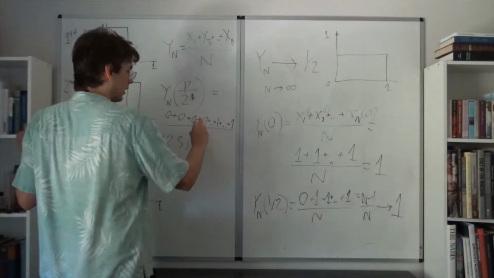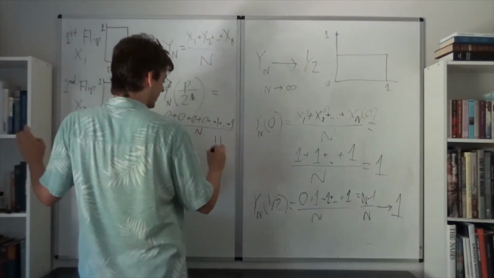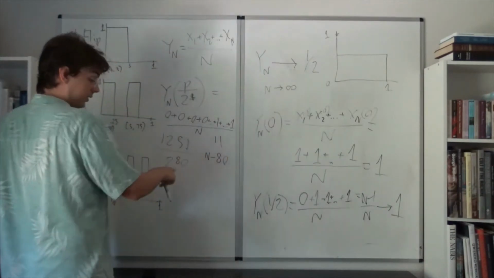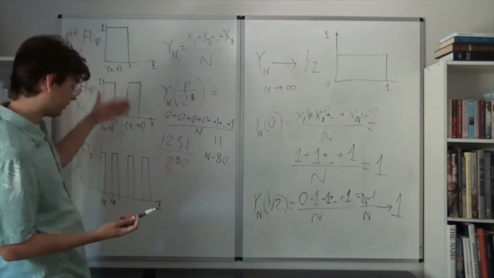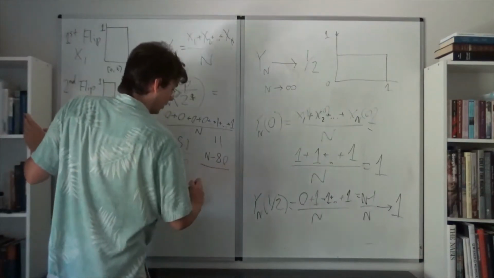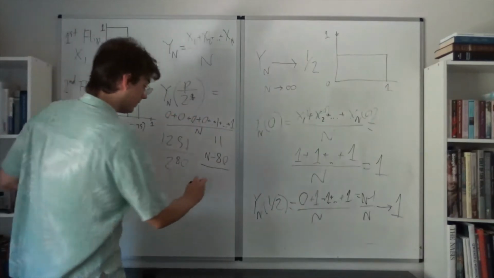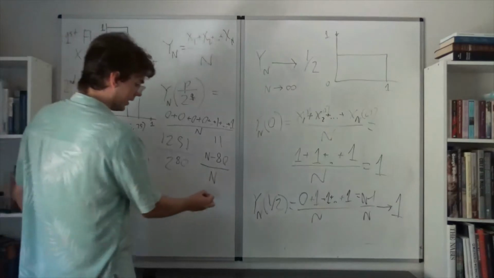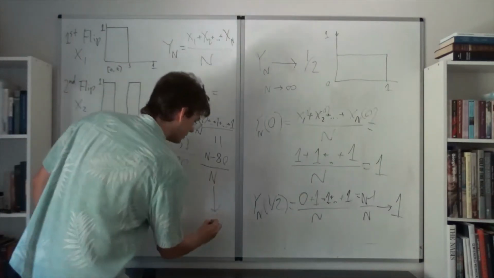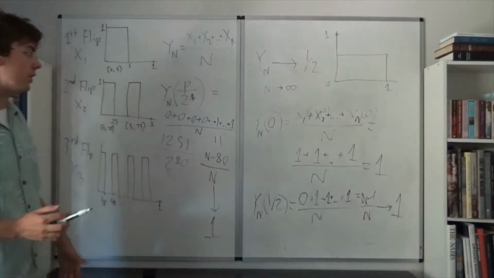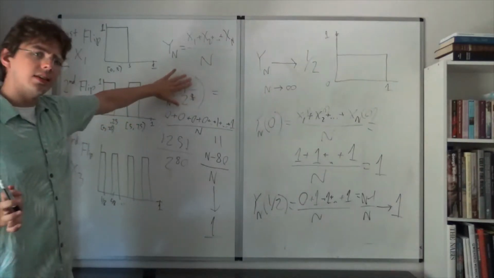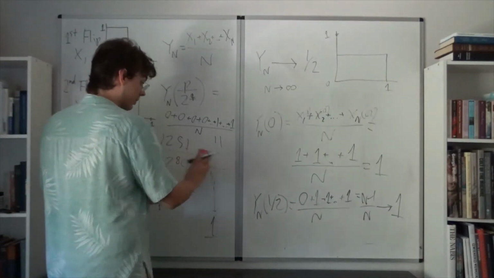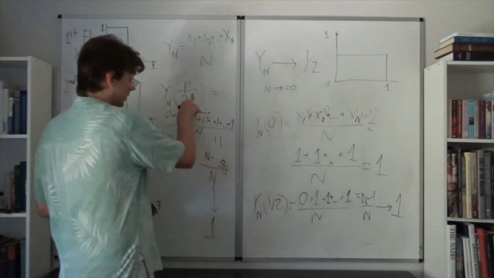This will look like n minus 80, because at least after the 80th coin flip, we are going to get 1s all the way. This will be n minus 80 over n, and clearly this converges to 1 as n gets larger and larger. What I should have written here is not just 80 in the example, it's n minus q.